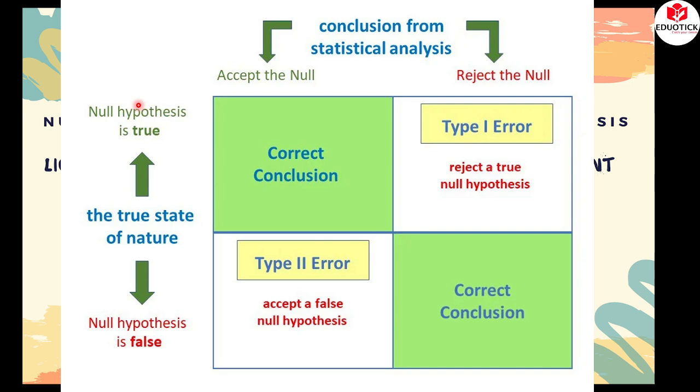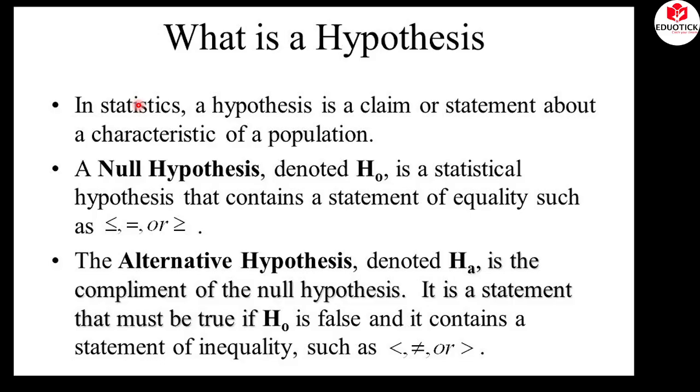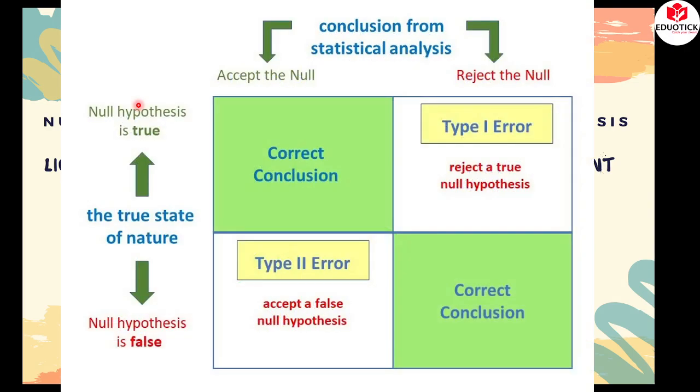But actually the null hypothesis was false, because due to our error in the experiment we accept that false null hypothesis. So this is a type 2 error. This is all about hypothesis. Hope you understood. If you did not, you can comment below. I will come up with a better explanation in the next video.